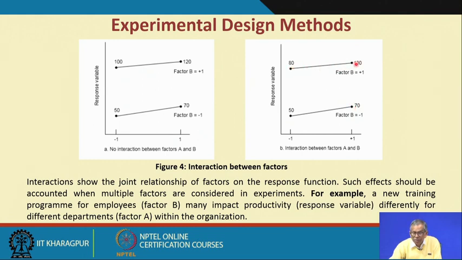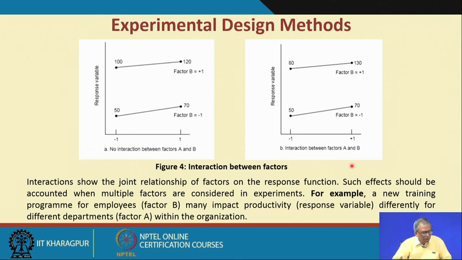That means here the difference is 50, here the difference is 20. Is it okay? So what you conclude is that there is an interaction between factors A and B. That means while you explain the response variable, you should consider not only the main effect, that is factor A as well as factor B, we also must consider the interaction effect given by A into B.